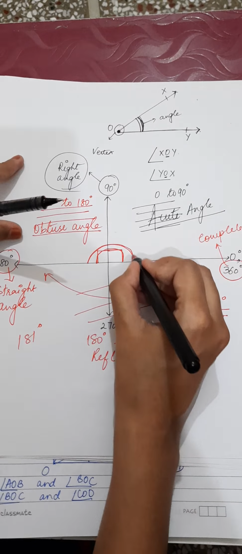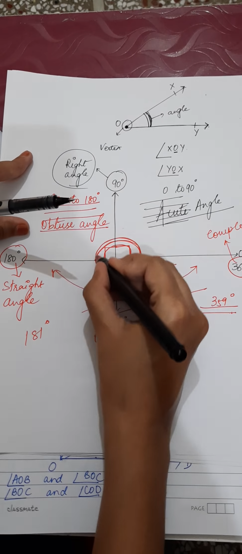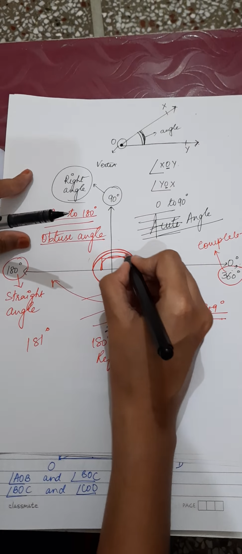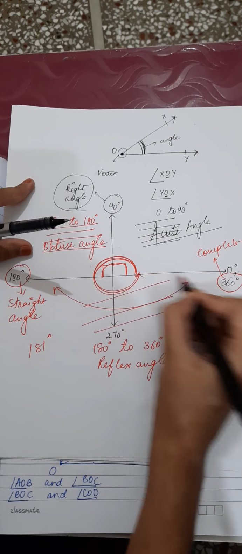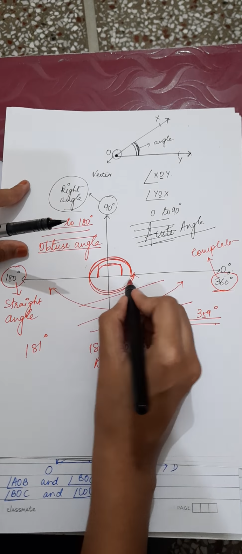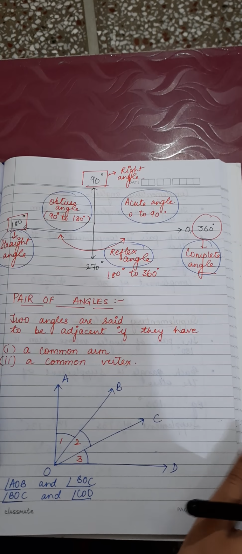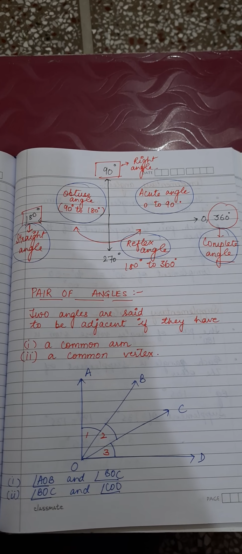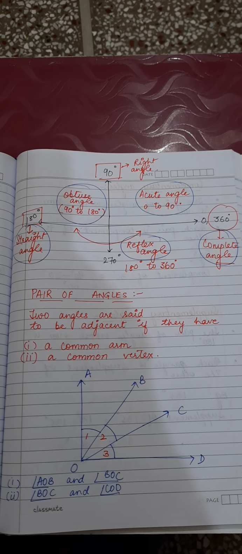Complete means this complete circle. This is 180, this is 180. What is 180 plus 180? 360. So one complete circle is going to make 360, which is going to be a complete angle. Okay, so that's what was explained in this diagram. All the angles have been explained in this, right?